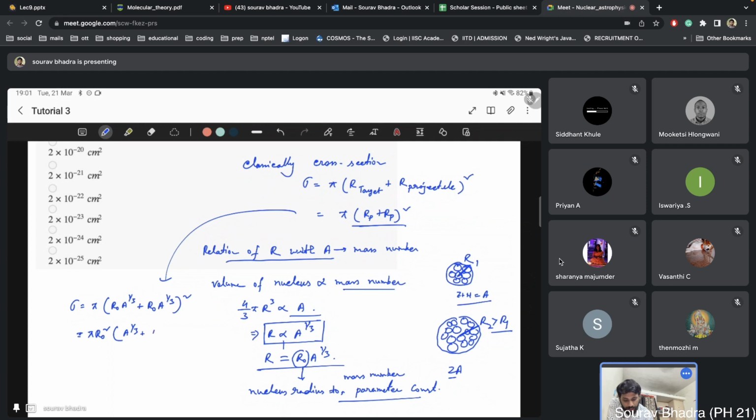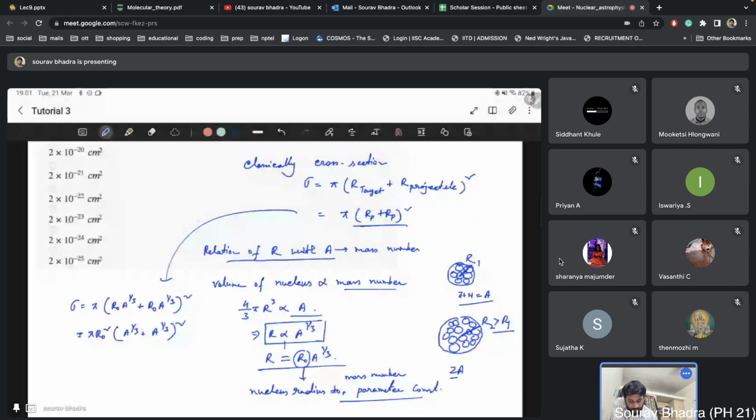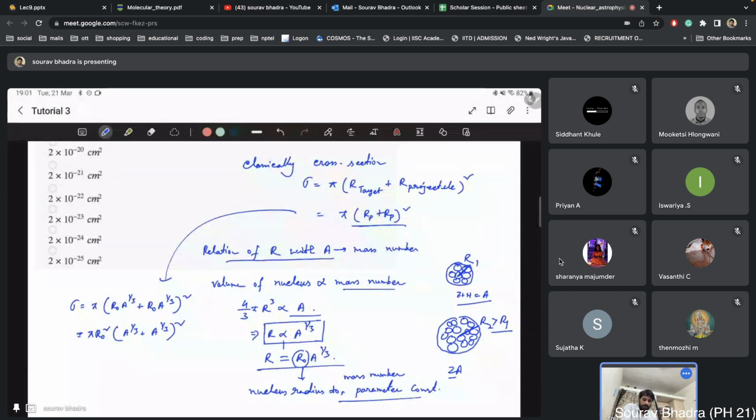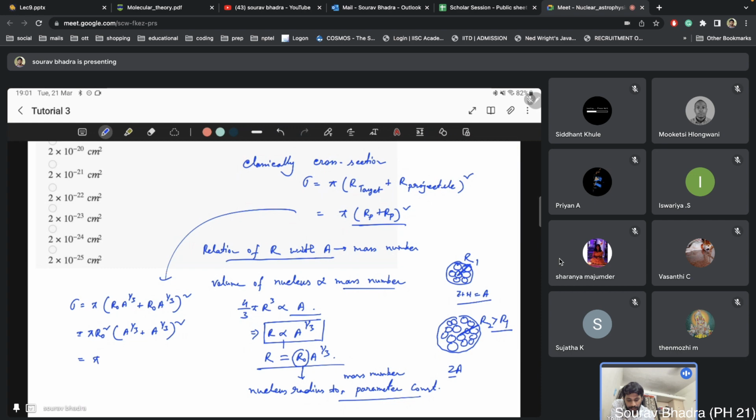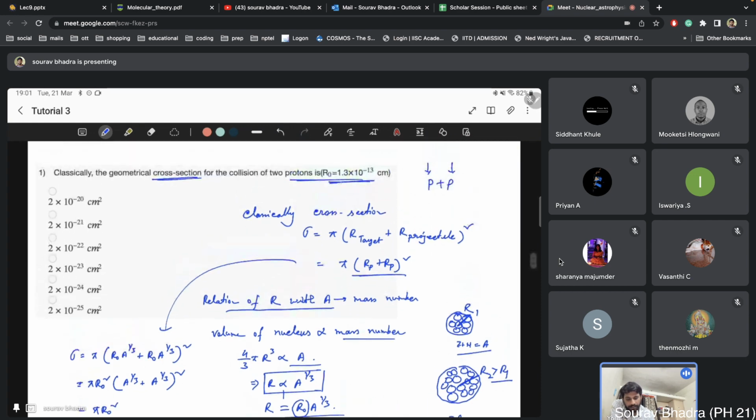You just have to remember the relation between r and A, and the constant is r0. For a proton, A is 1, because there is only one nucleon in the nucleus, so that is pi r0 squared, and the r0 value is given as 1.3 times 10 to the power minus 15.